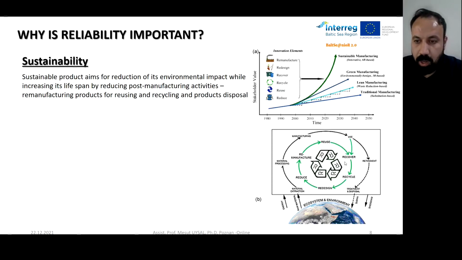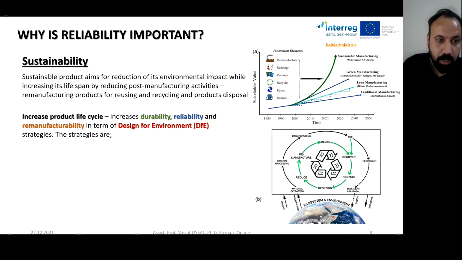So it is our problem. If we increase the lifespan of the furniture by increasing its reliability, we can have this sustainability. So we increase product life cycle by increasing durability, reliability, and remanufacturability in terms of design for environment strategies.